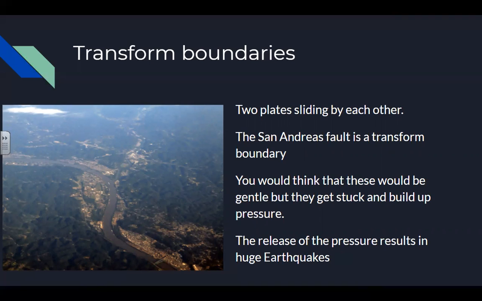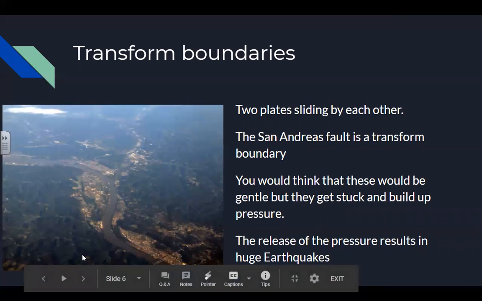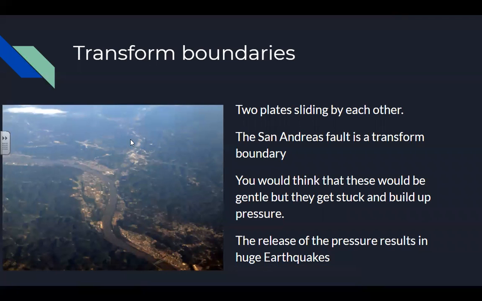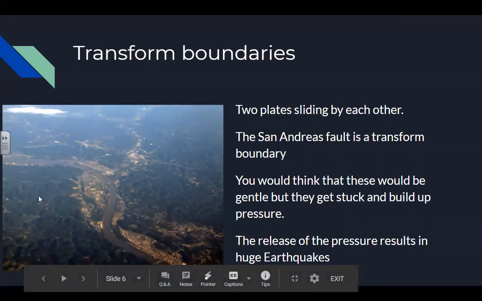And this is an image here of the transform boundary. The plate boundary actually runs right this way. This river used to go straight through here, like this, kind of the shape that my mouse is making.